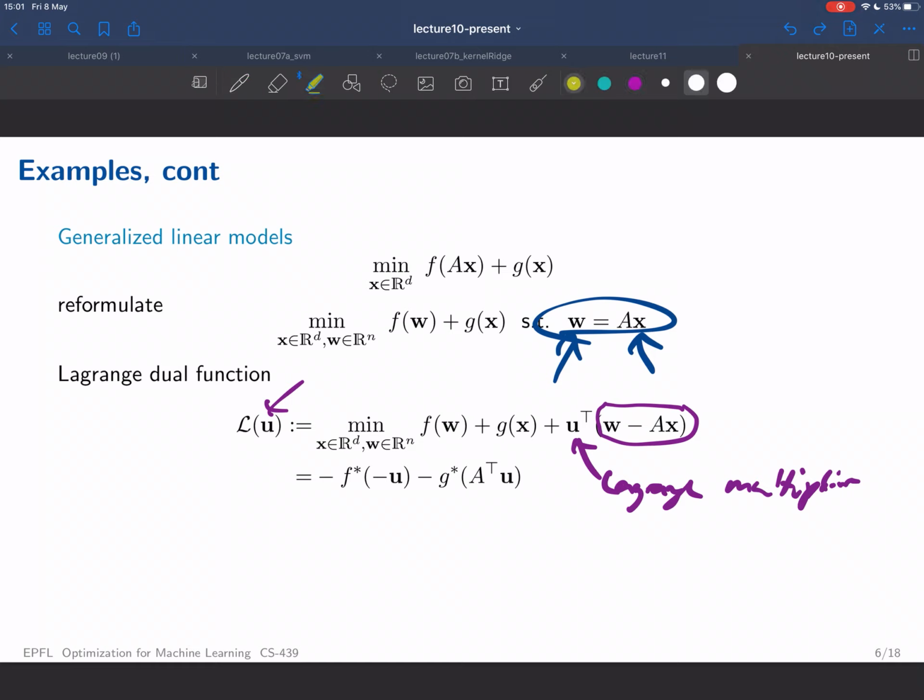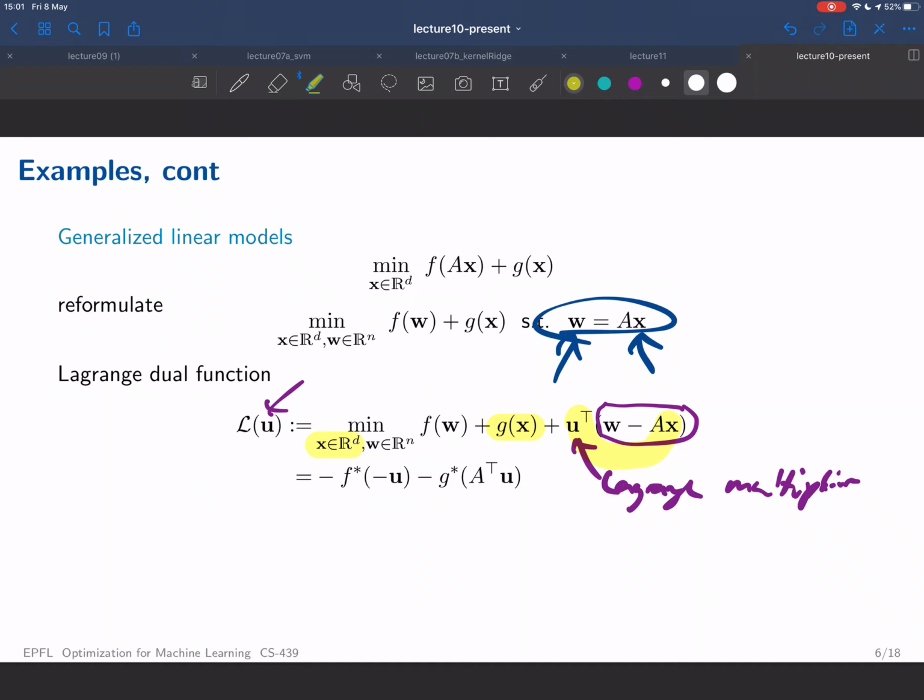So let's try to understand this a bit better. I have the minimization over x, so what's happening with x here? There is the g of x term, and then there is this term minus Ax times u. That's all the stuff which depends on x, and if you look at it, this is directly the definition of the conjugate of g.